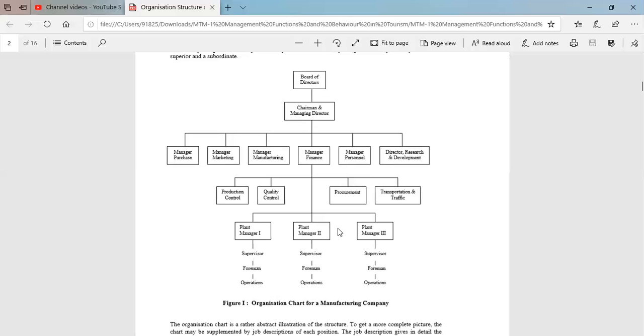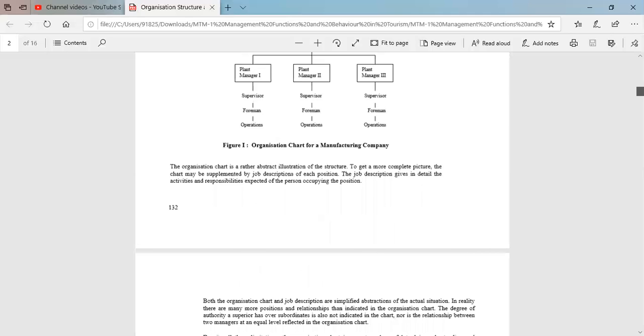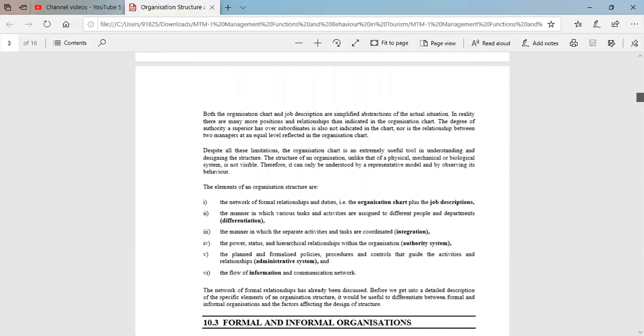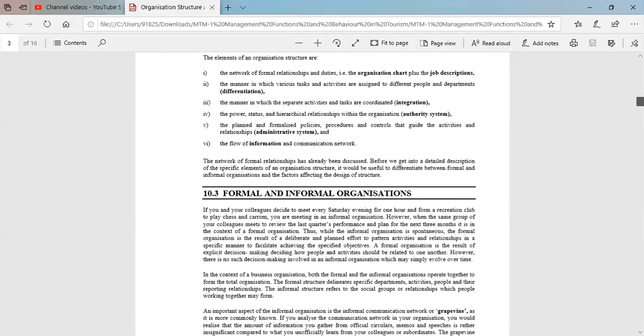Okay. Every JW Marriott has a general manager in his hotel, right? So these are like plant managers. Below them there are assistant managers or supervisors, foreman, operations. Okay. So in the chart, this is a manufacturing company. For hotel, it will be like that, a chain hotel. So you understood the chart.